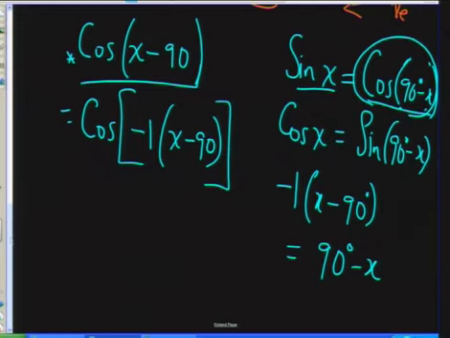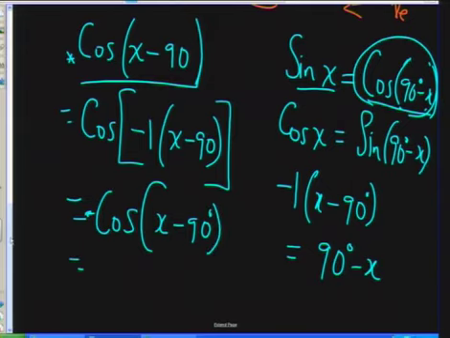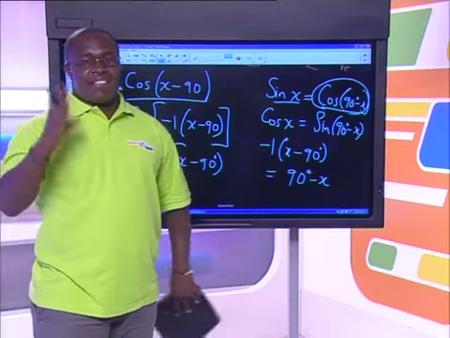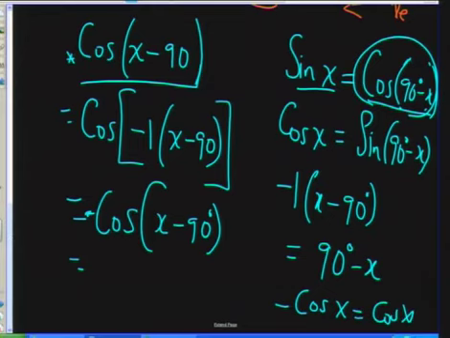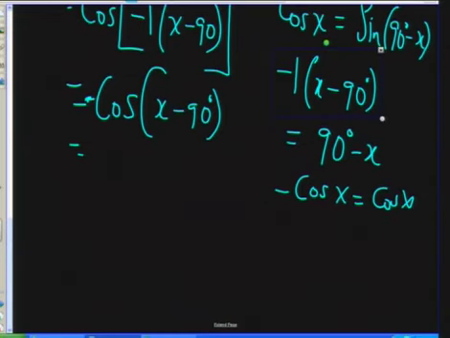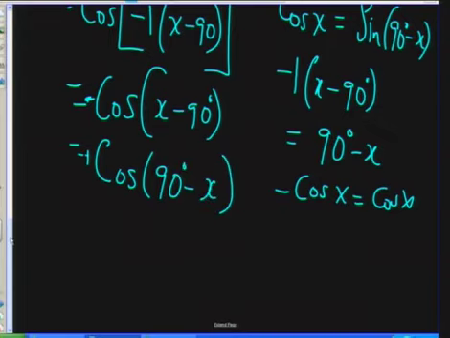So this would give me cos of 90 minus x. But remember, cos is symmetric, so negative cos x will be equal to cos x. That's why I'm able to use the negative. So negative and positive are the same thing here: cos 90 minus x. Okay, that's what I have.